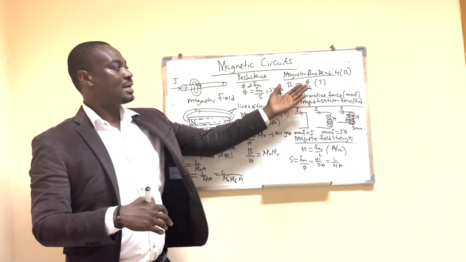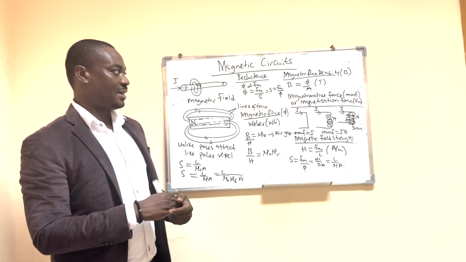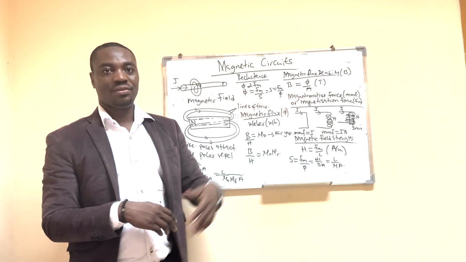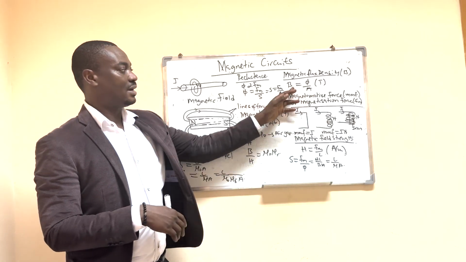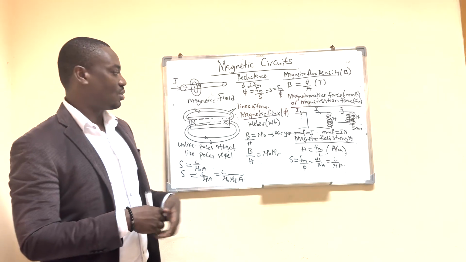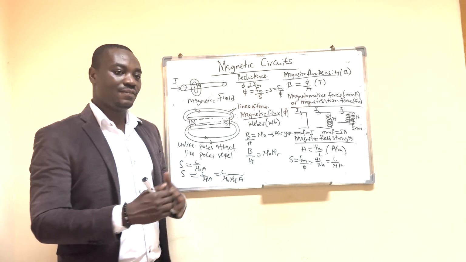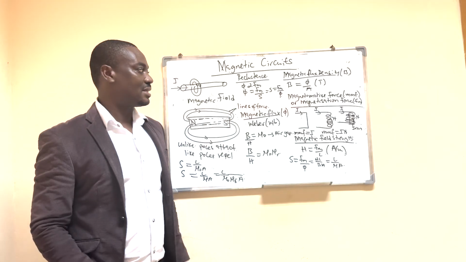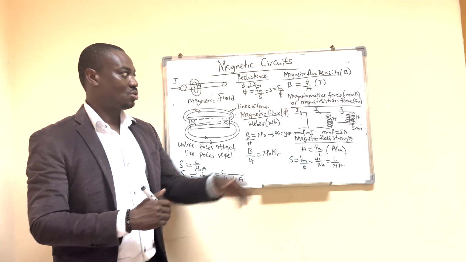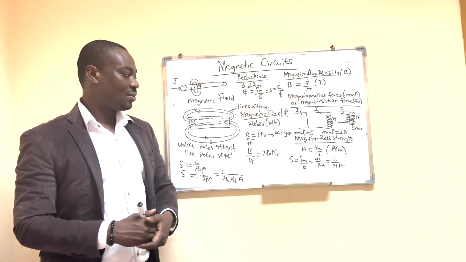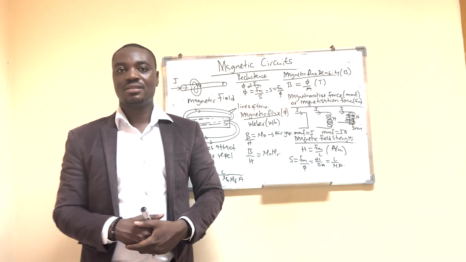The total amount of magnetic flux passing through a defined area is what we refer to as magnetic flux density. So it's magnetic flux over area, and the unit is Tesla.